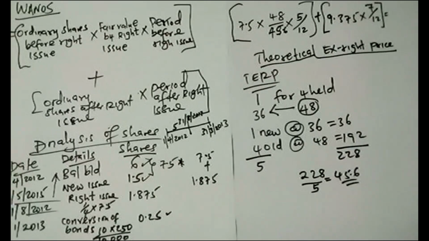So if I say 7.5, I multiply with 48, I divide with 45.6. You multiply with 5 out of 12, you close, you add 9.375, you multiply 7, you divide with 12.